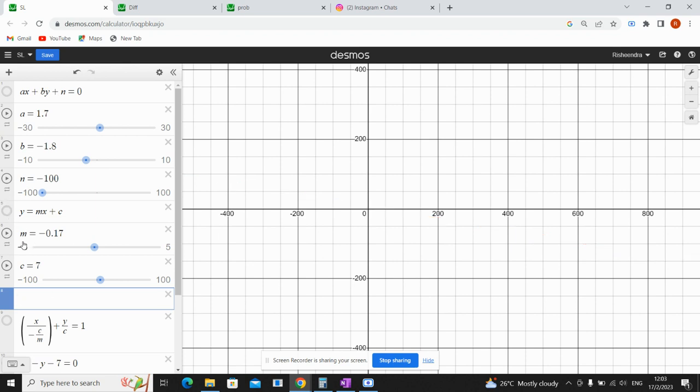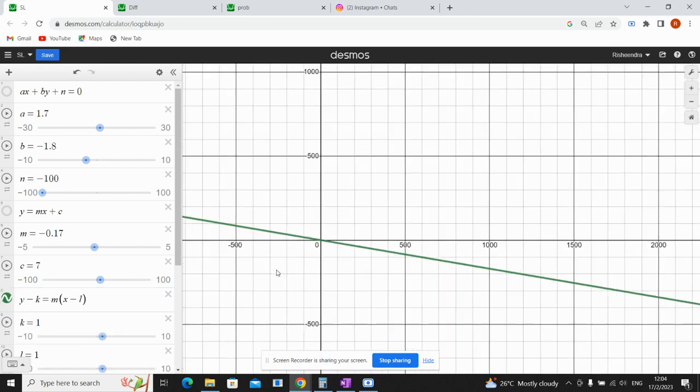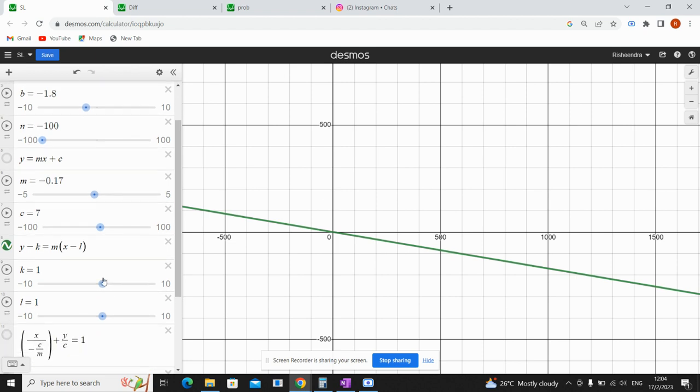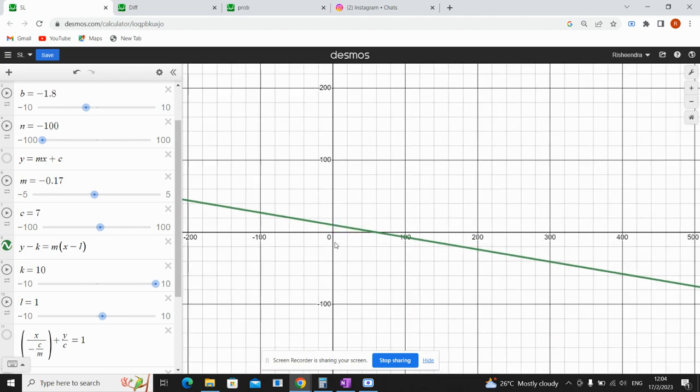I will change the equation. I want the line to pass through a particular point, y minus y1, so let's say y minus k is equal to m into x minus l, and let's have sliders for this. Let's zoom this.